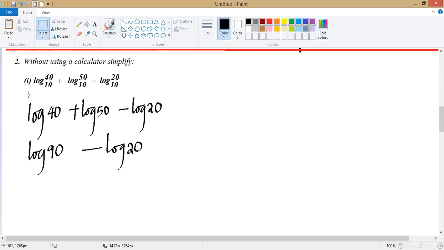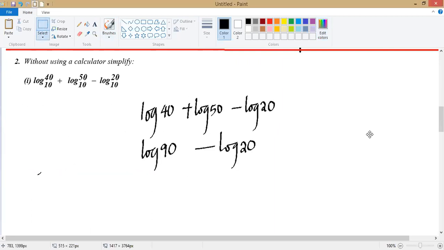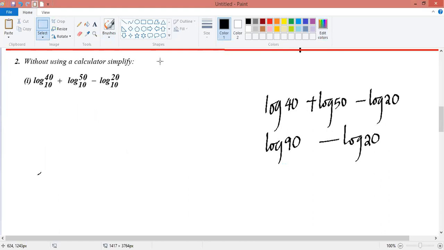So following the rules, when the bases are the same and we are adding, we multiply, and when we are subtracting, we divide. Good. From the laws, when you say addition, the first thing we shall do is multiply 40 times 50.